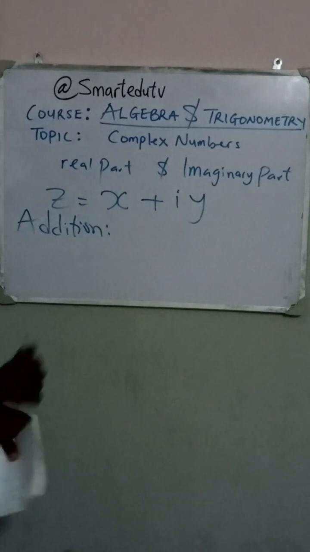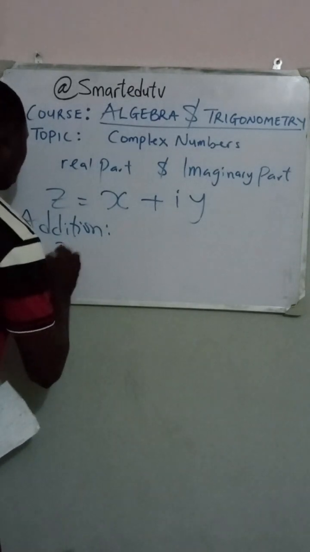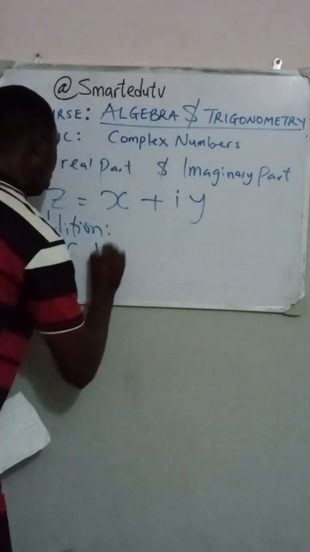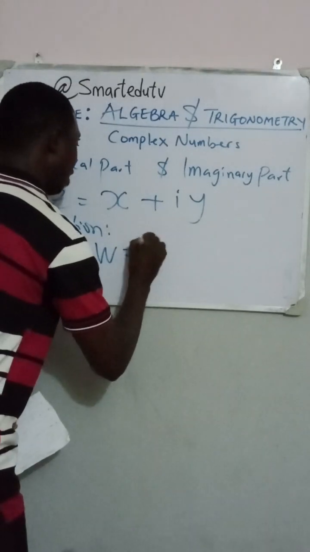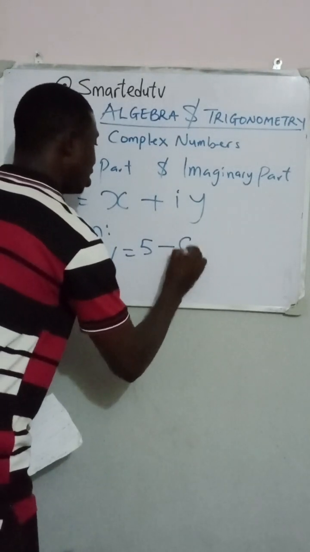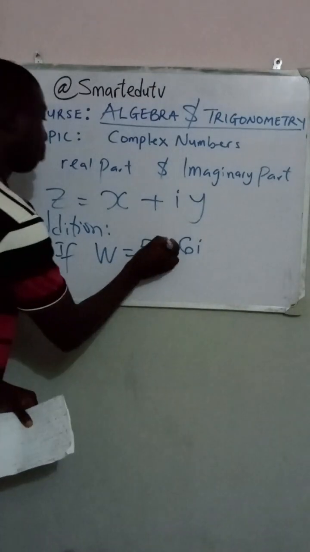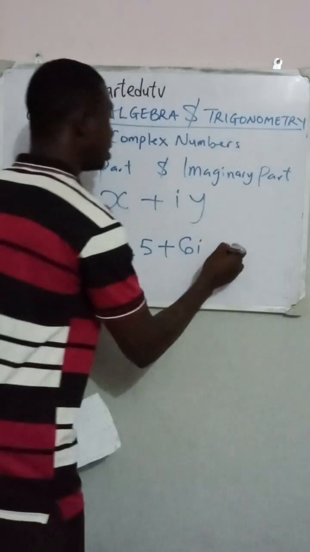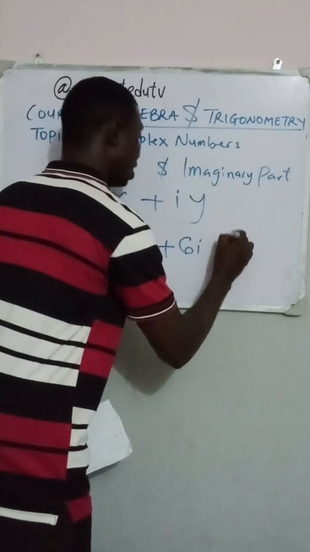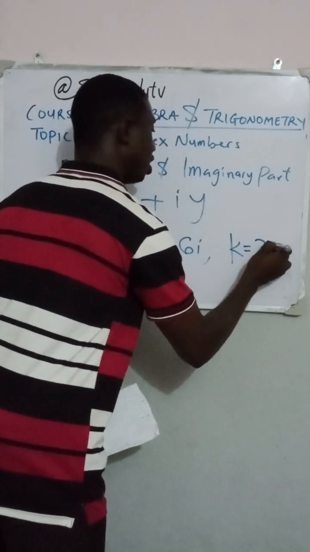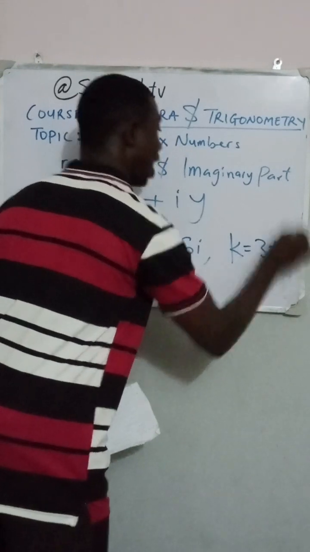For example, let's say w equals 5 plus 6i and k equals 3 plus 2i.